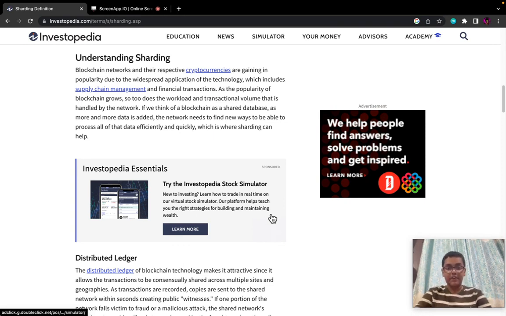As the popularity of blockchain grows, so too does the workload and transactional volume that is handled by the network. If we think of a blockchain as a shared database, as more and more data is added, the network needs to find new ways to be able to process all of that data efficiently and quickly, which is where sharding can help.